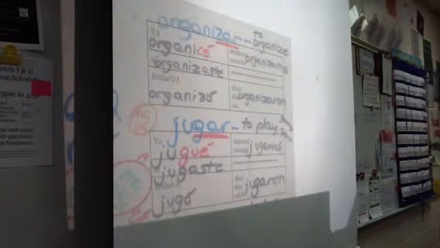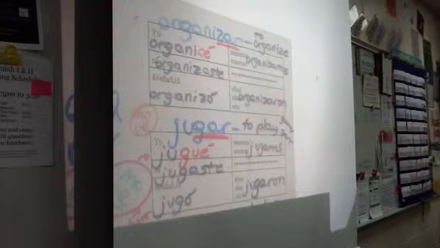Jugué, jugaste, jugó, jugamos, jugaron. The reason really for these yo form spelling changes is for pronunciation purposes, because if you were to put the G and E together or the Z and E together, they wouldn't make the same sound as all the other ones. So it would be jugé instead of jugué. That's why you have to make that change there. All the other ones don't have an E next to the G, so it makes the same sound.